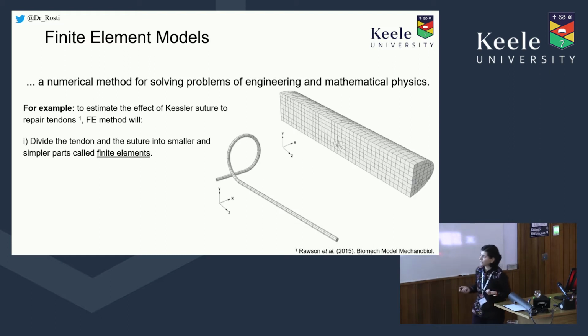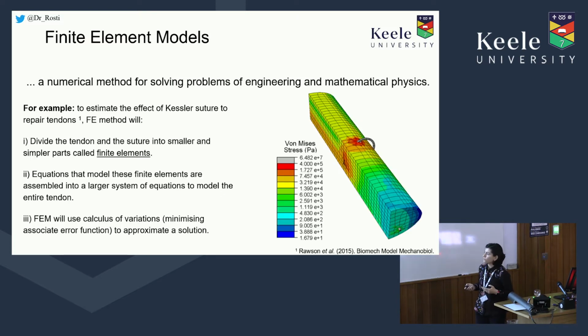After creating a geometry, in order to create the model, you have to change the whole geometry into finite elements. And each of these tiny, smaller elements has an equation assigned to it. By solving each of these individual equations, you create a whole simulation of the part you want.